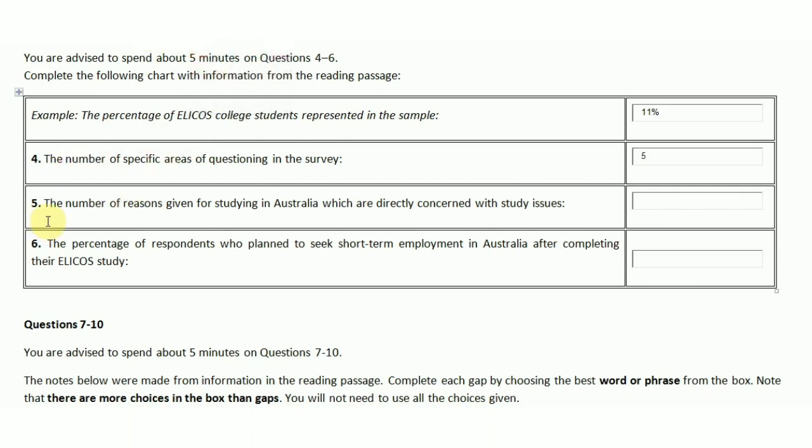Now the next question is the number. Again we have to write the number of reasons given for studying in Australia which are directly connected with study issues. So we have to write the number of those reasons which were connected with the study issues.